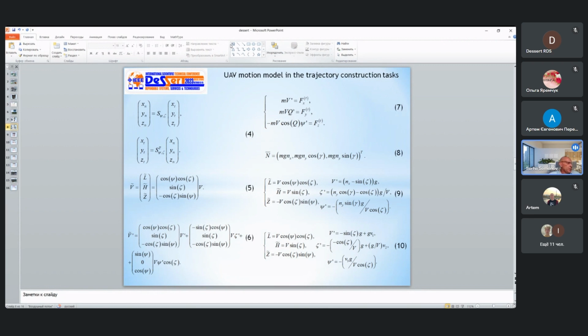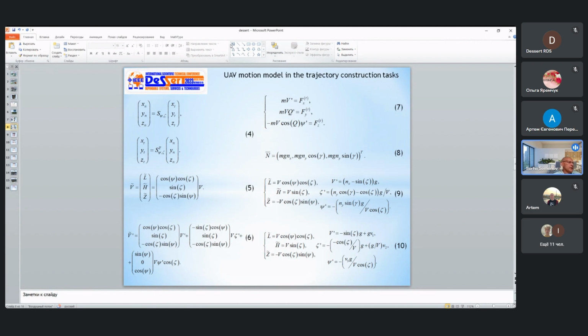We decompose the force vector into two components: the longitudinal load vector projection on the OX and the transverse load vector projection on the OXY.